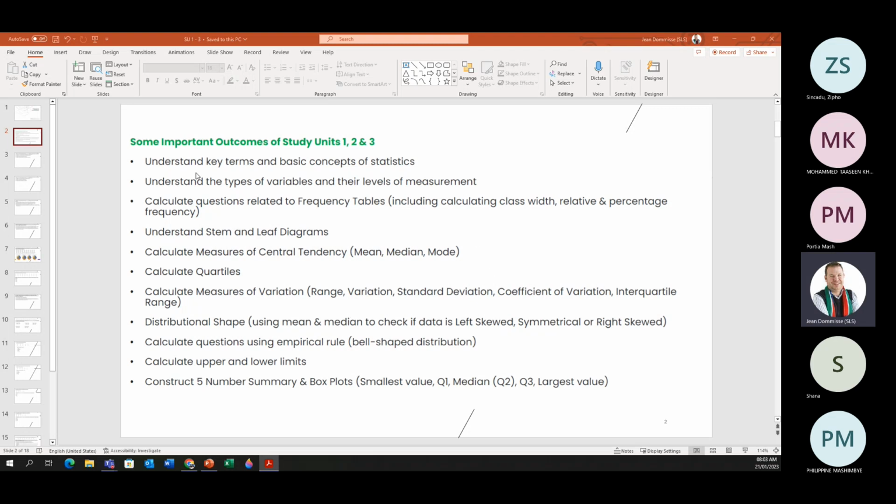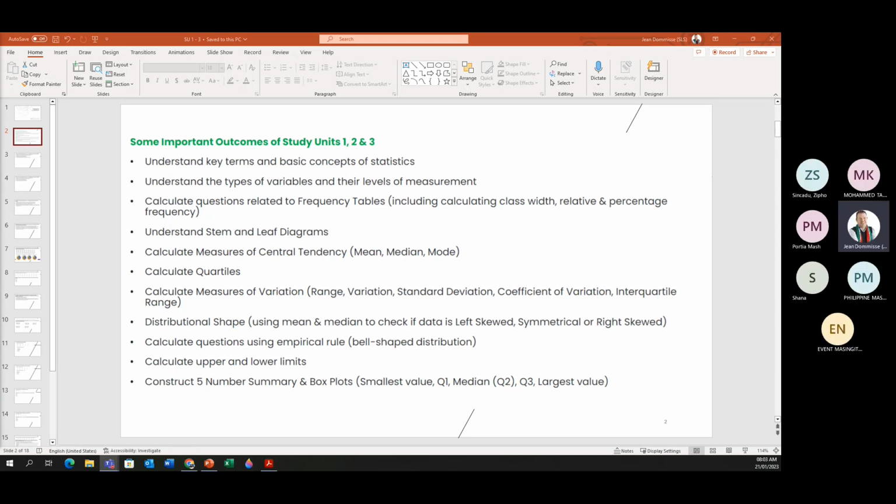In study units 1, 2, and 3, the basic things that are important for us to know and understand: in study unit 1 we start to understand what stats is, then we go into the measurements and the types of measurements.